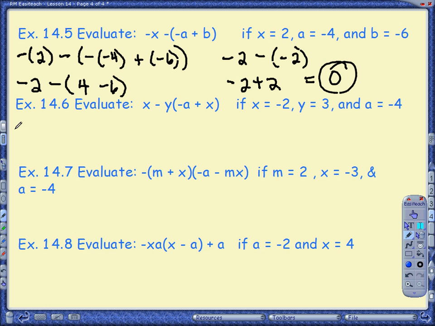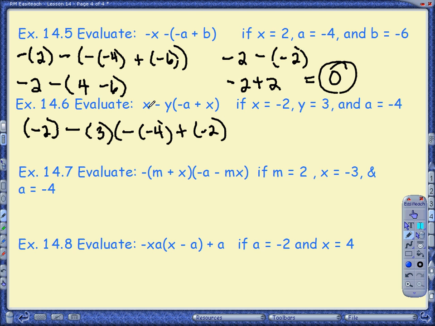Okay, here, again, parentheses, negatives, negative numbers. We have to be very careful about putting our value for these variables into parentheses. We have minus y is 3, and in our parentheses we have a -4 plus a -2.